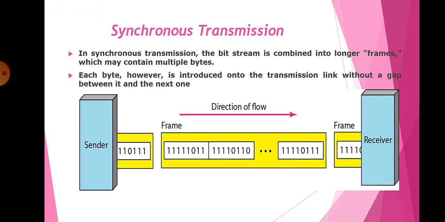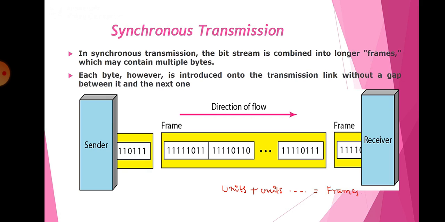In the case of synchronous transmission, we are not maintaining the gap between the data units. In synchronous transmission, the bit stream is combined into longer frames, which may contain multiple bytes. In asynchronous we have a single unit, but here we are combining multiple data units, and we call such combined bit streams frames.